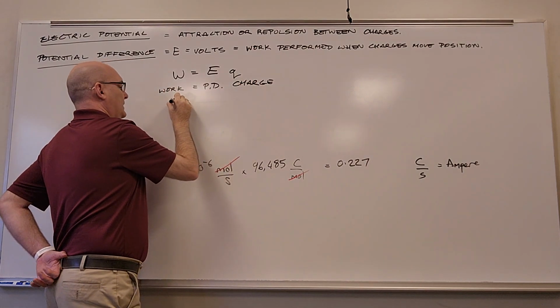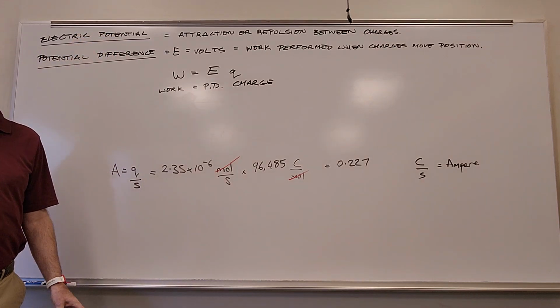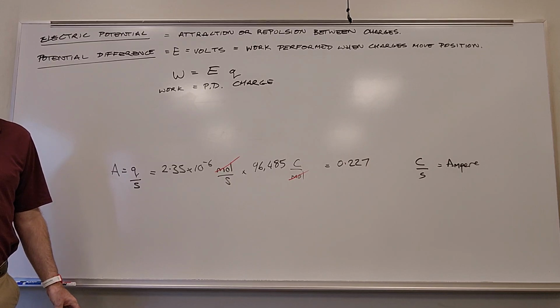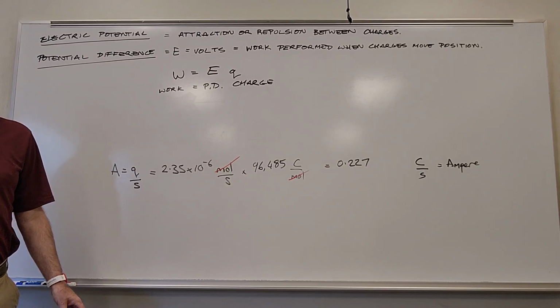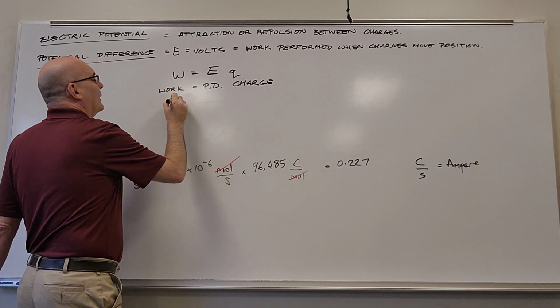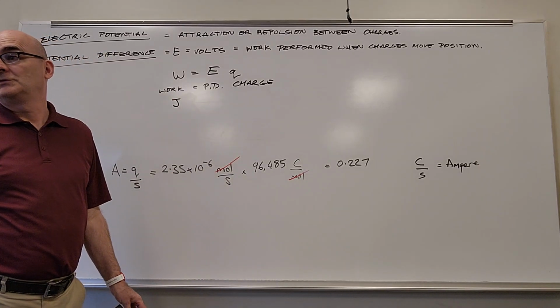So work is, what do we measure work in? Oh yeah, like Newton meters. I think it's Newton meters. Yeah. Which is equivalent to, see, there's a whole bunch of equivalents. It's going to be joules.